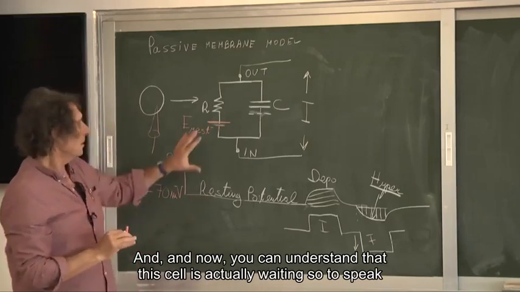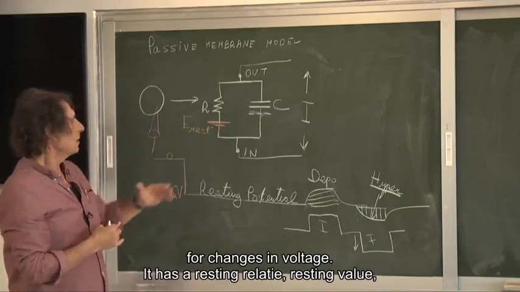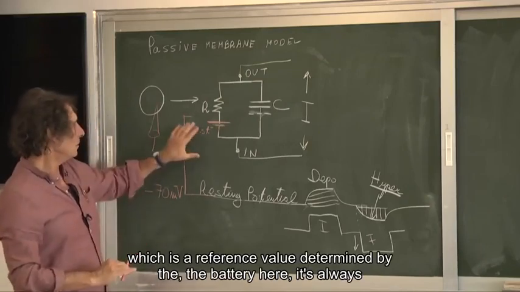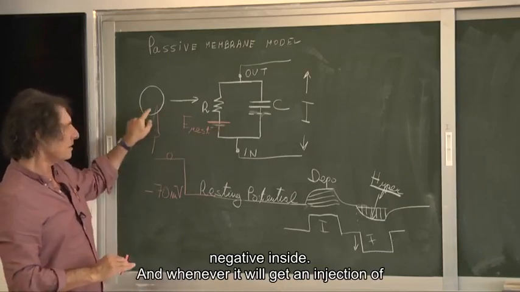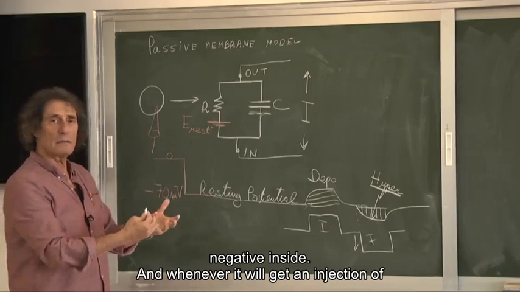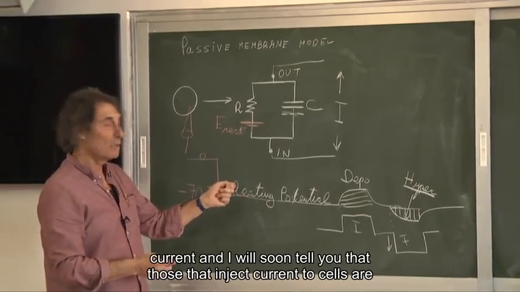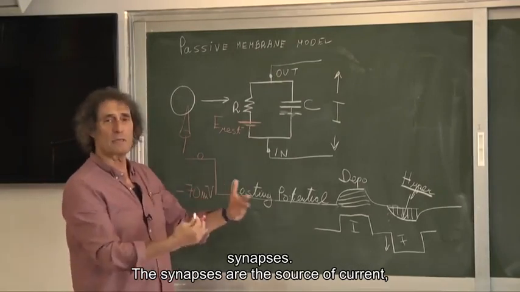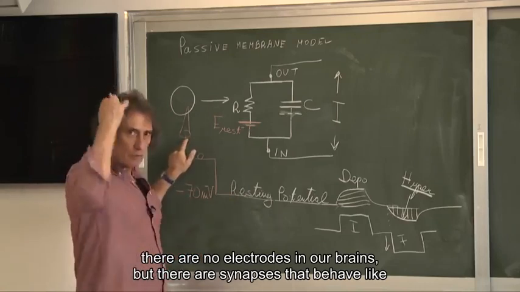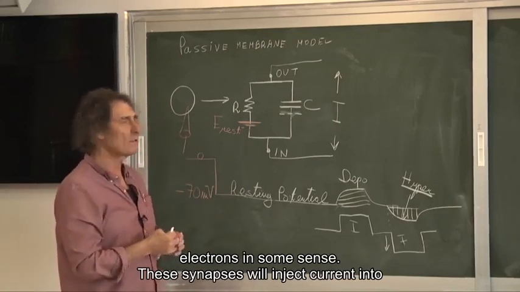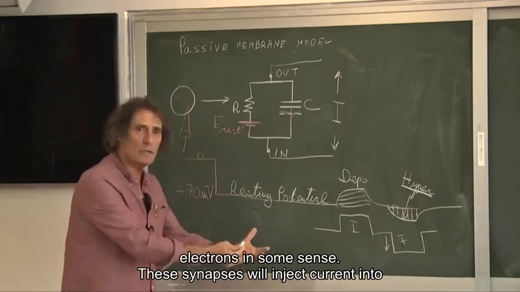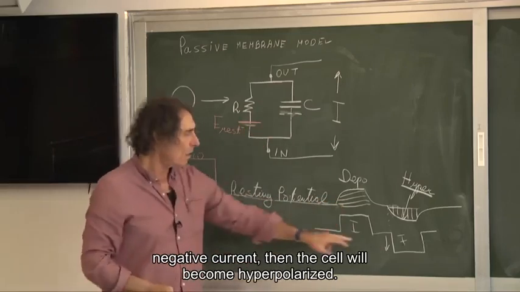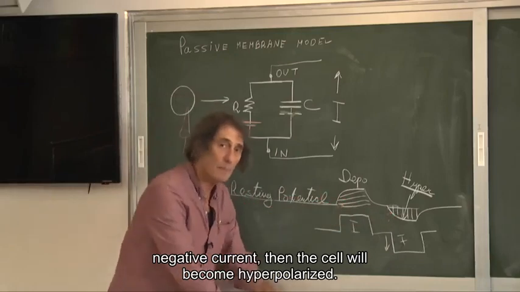And now you can understand that this cell is actually waiting, so to speak, for changes in voltage. It has a resting value, which is the reference value, determined by the battery here. It's always negative inside. And whenever it gets an injection of current, and I will soon tell you that those that inject current into cells are synapses. The synapses are the source of current. There are no electrodes in our brains, but there are synapses that behave like electrodes in some sense. These synapses will inject current into the cell, either positive current, then the cell will become depolarized, or negative current, then the cell will become hyperpolarized.